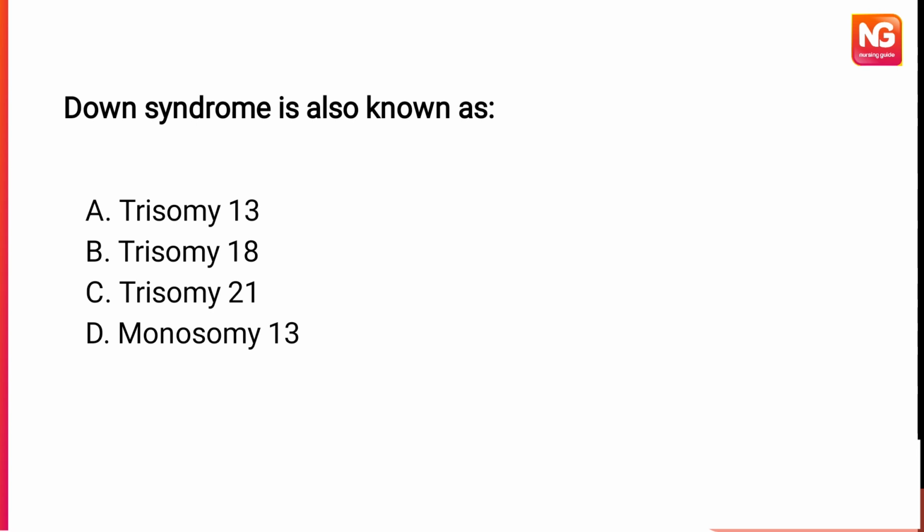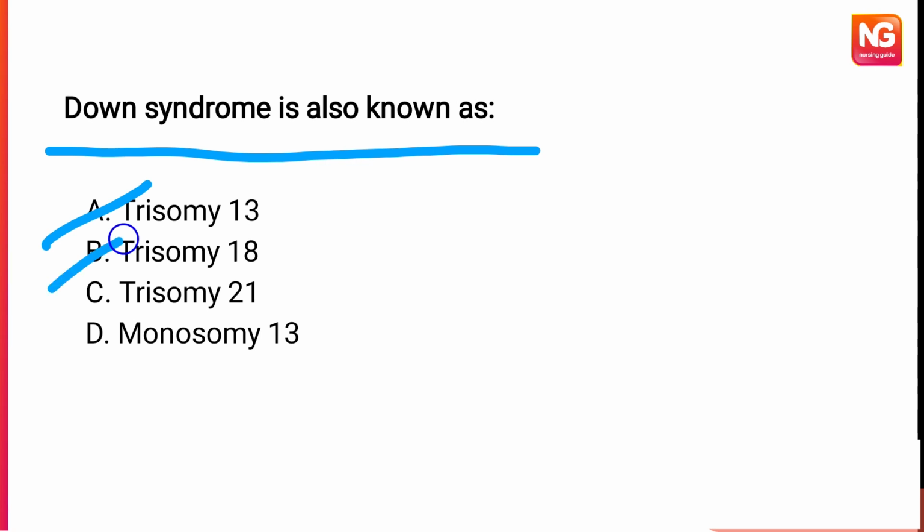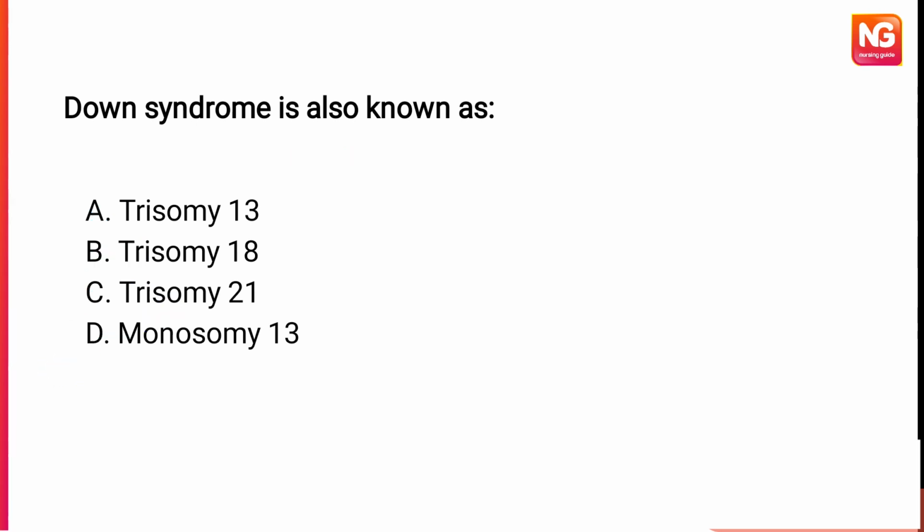Next, Down syndrome is also known as option A, trisomy 13, option B, trisomy 18, option C, trisomy 21, and option D, monosomy 13. And the correct answer is option C, trisomy 21, which is also called Down syndrome.